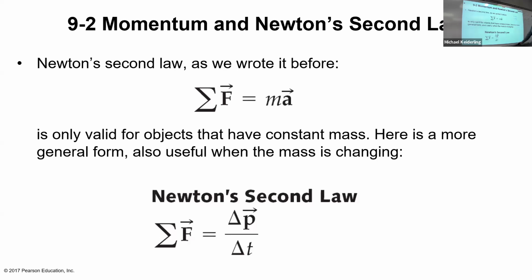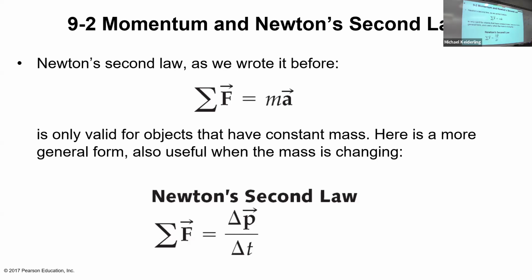And I mean, strictly in calculus terms, what this is, sum of all force is d momentum dt. And these are vectors. So you could rewrite Newton's second law that way.